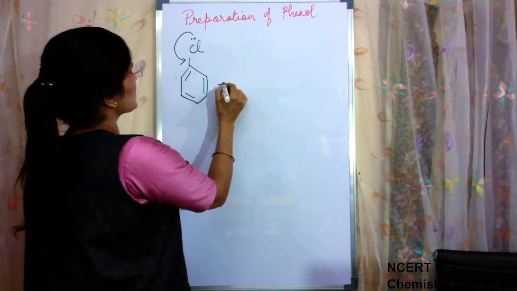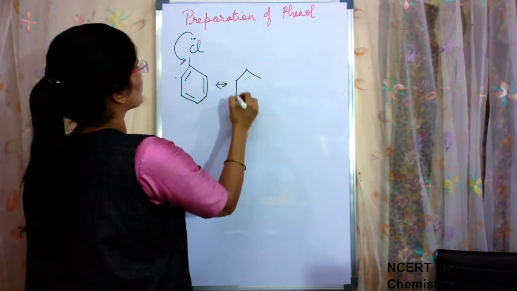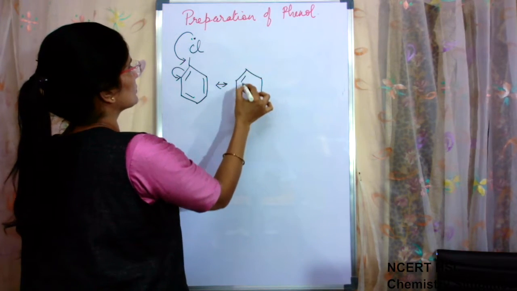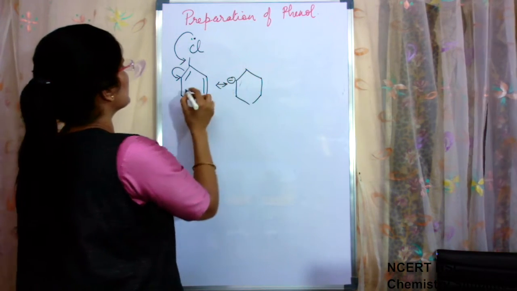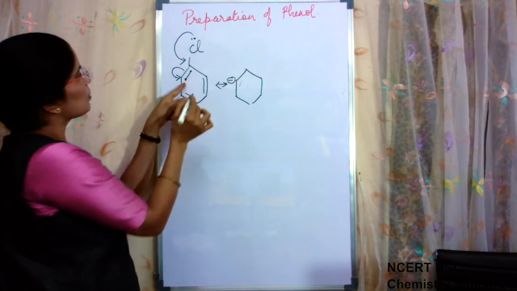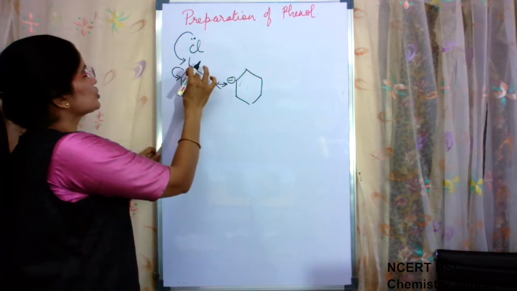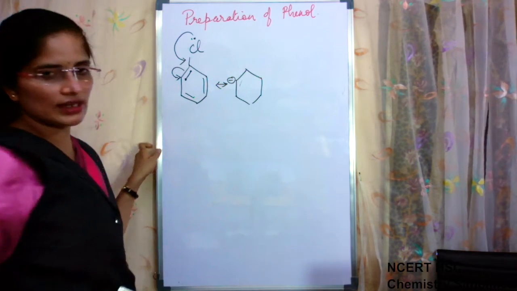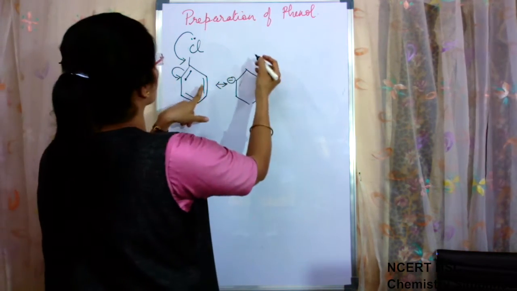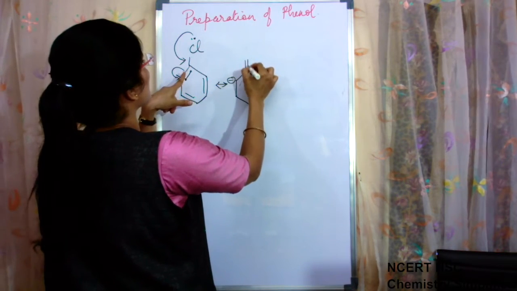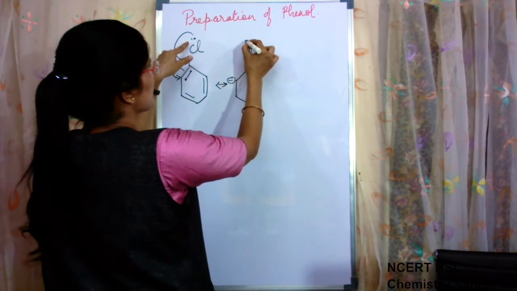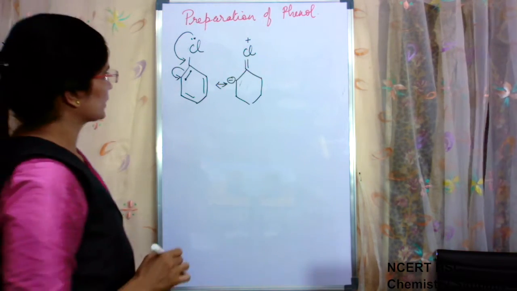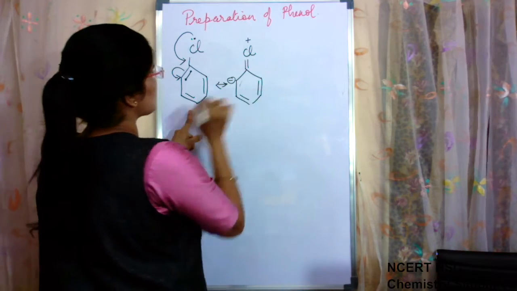So the next structure formed is like this. These two electrons are shifting here to make a negative sign here. Then here is double bond Cl. Because electrons have shifted, Cl acquires a positive charge. Rest of the bonds are the same.